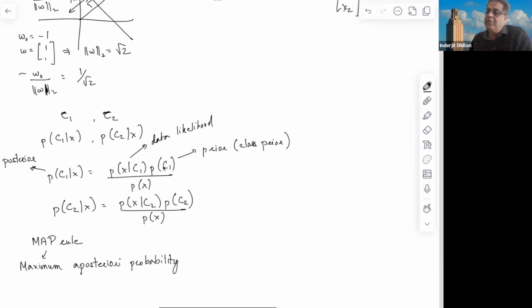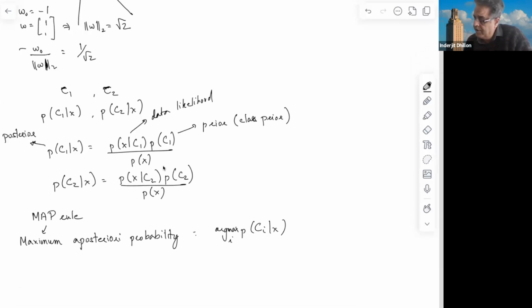What we will do is look at P of Ci given X. So in the two-class problem, P of C1 given X and P of C2 given X. And then I will look at the i for which this is maximized, and I'm going to assign that class to X. Okay, so that's what we are going to do. Remember, this is just Bayes' rule, which we studied last time.